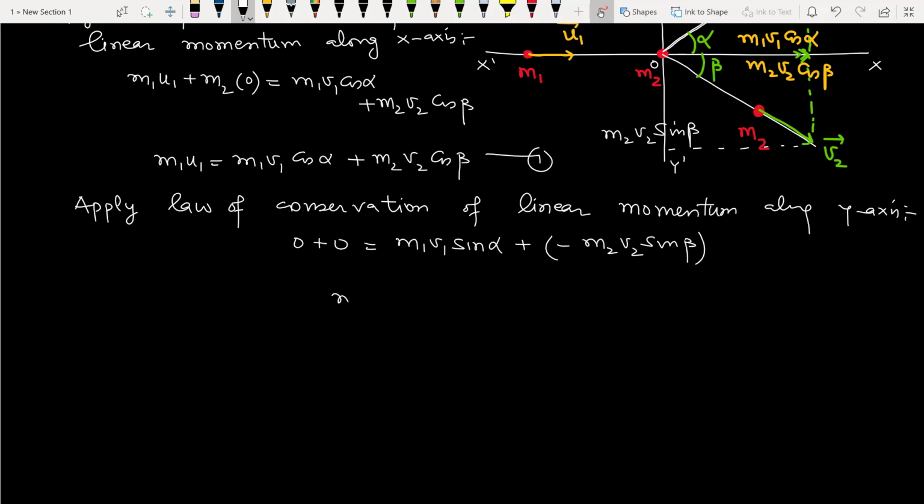So when we rearrange this, we will get equation number 2: m1 v1 sin alpha equals m2 v2 sin beta.